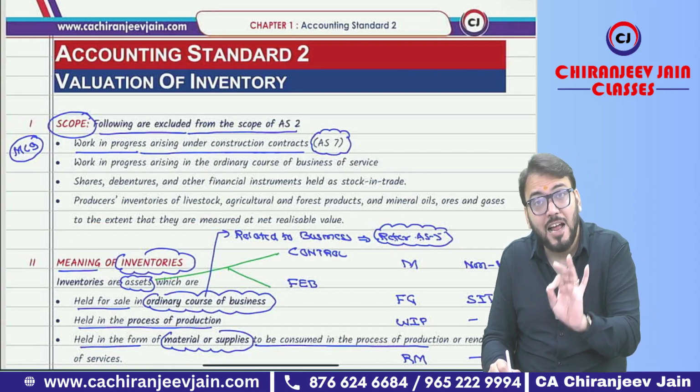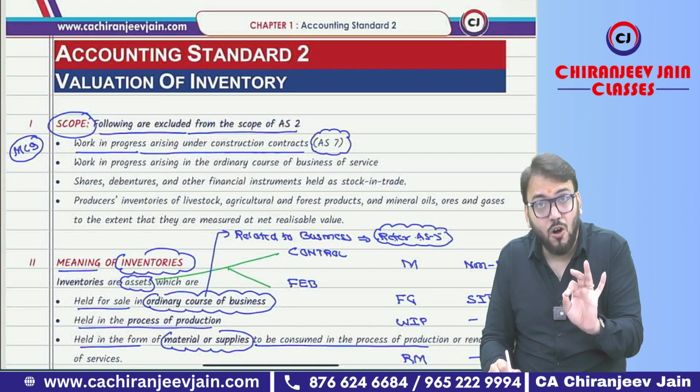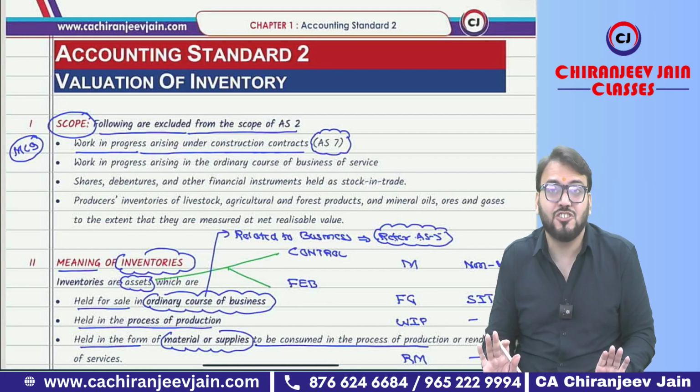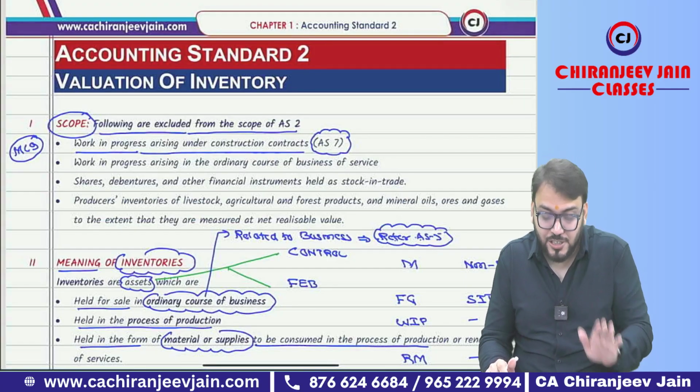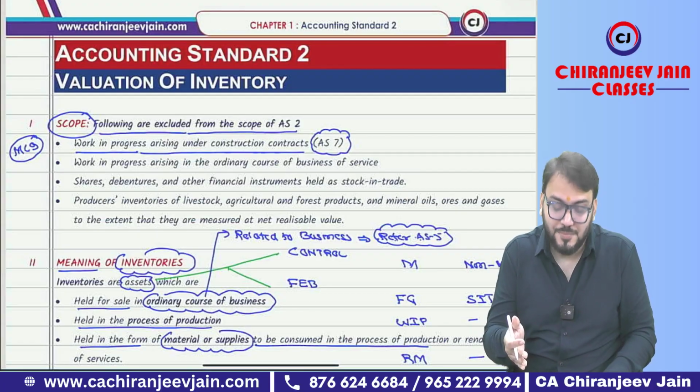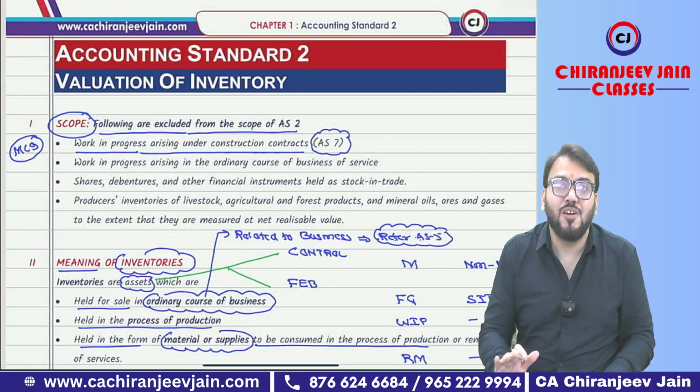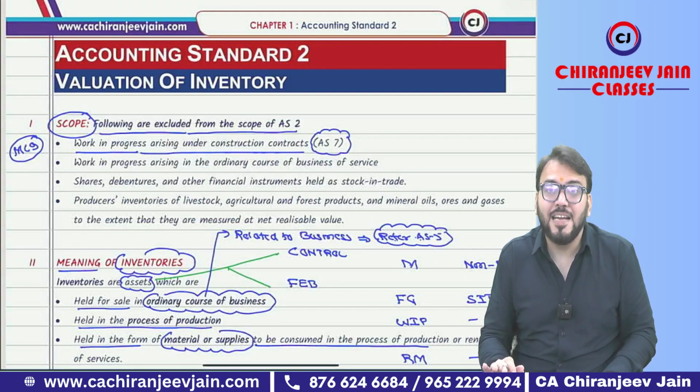But any building which is held for sale in the ordinary course of business is covered under AS2. Are you getting what I am saying? So any WIP arising under construction contract will be covered under AS7.